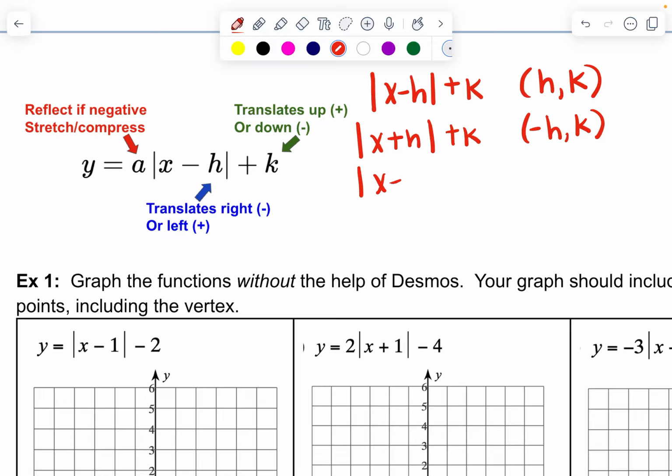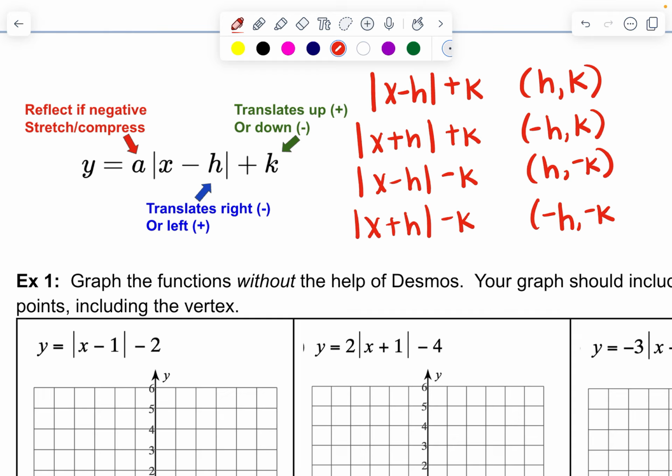If we have X minus H minus K, we'll have a positive H and a negative K. And then finally, X plus H minus K gives us a negative H and a negative K. You did learn about this stuff with quadratics, so it should be ringing some sort of familiar bell.